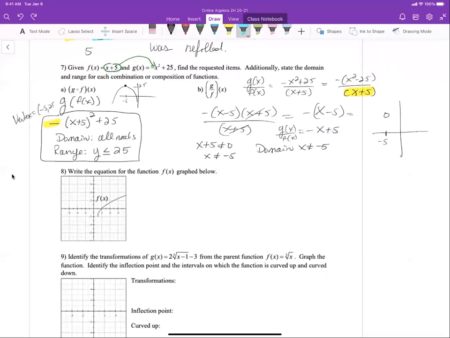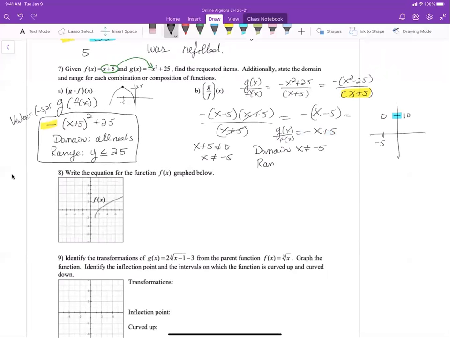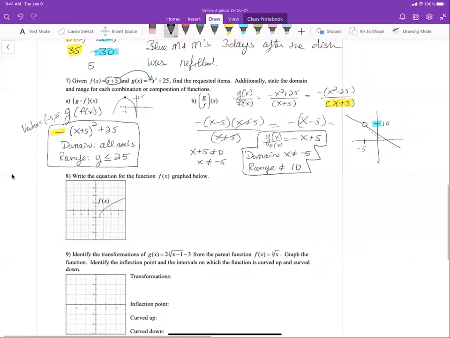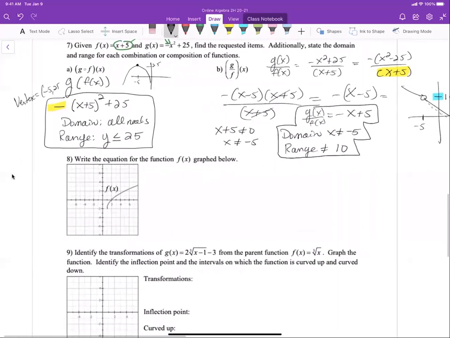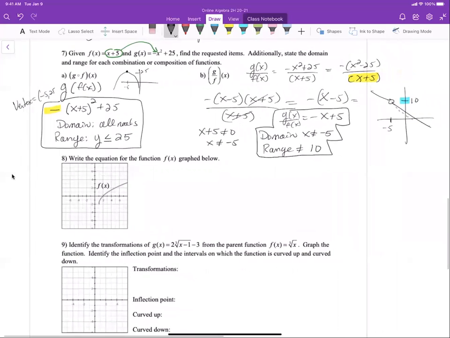So at y equals 10, my range does have a restriction. It cannot equal 10. And so this would be a linear function, and I would have a circle at x of -5, y of 10. I don't think we did one in our notes like this. We'll go back and double check our homework and make sure that I point that out if it's in our homework. A surprise that that showed up on our quiz.